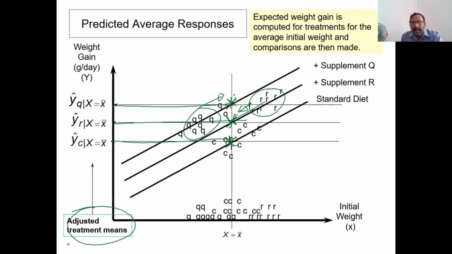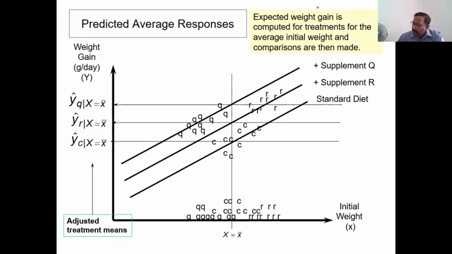I'm just explaining the concept. Don't worry about the calculations now. The concept is we are adjusting the treatment mean, according to what? In this case, the initial weight. Then only can we identify whether there is a treatment effect or not.